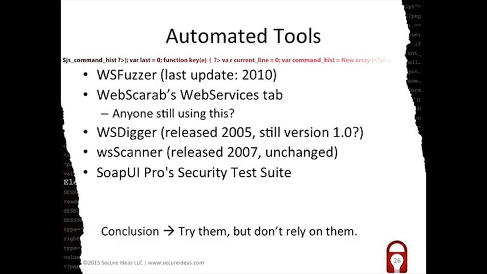It's again going back to what I was saying on the previous slide. There are enough issues with trying to automate web service testing that, in my experience, you're best off doing most of that automation through your intercepting proxy instead. And I'm going to go through that in a moment.